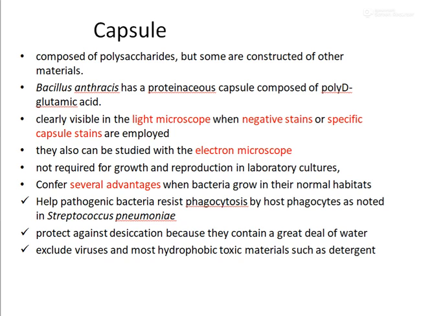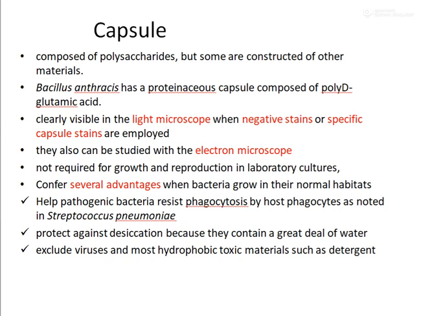But in normal habitats or natural environments, the presence of a capsule contributes various advantages to the bacteria. For example, a pathogenic bacterium is killed within our body by phagocytosis, where phagocytic cells engulf the bacteria and kill it.